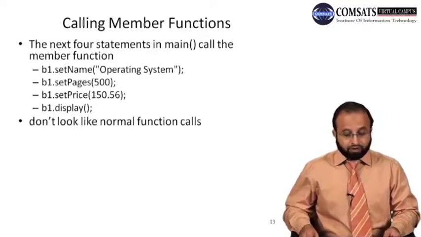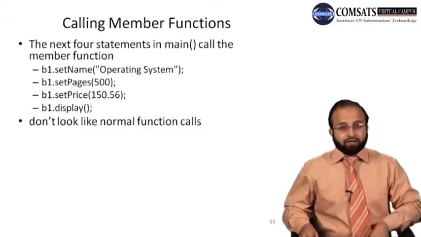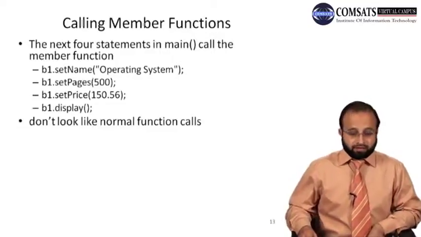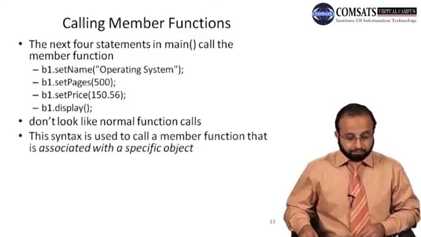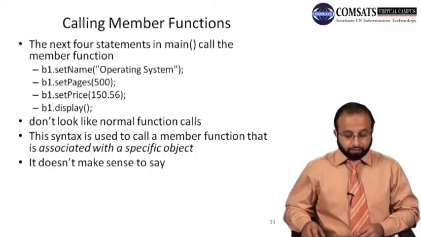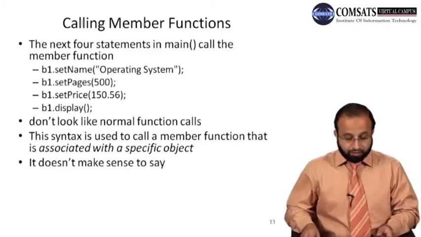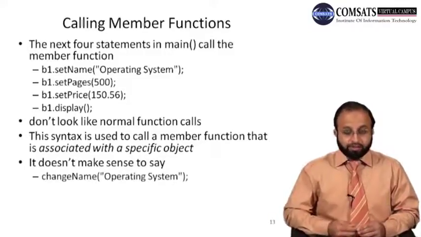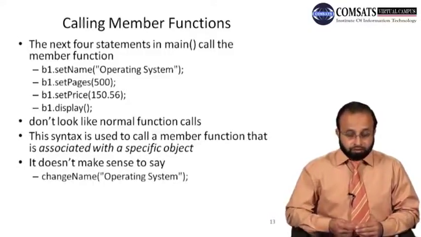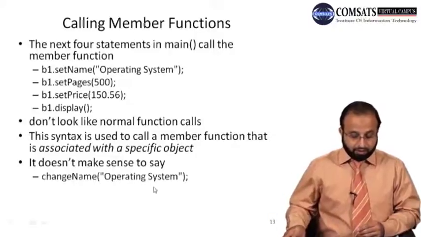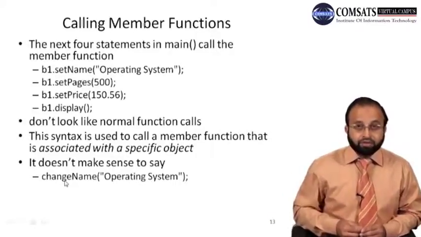So it does not look like a normal function call because you need to have an object of that class to call the member function of that class, right? This syntax is used to call a member function that is associated with a specific object. It does not make sense to say change name operating system. So you're passing some value operating system to a set name function.